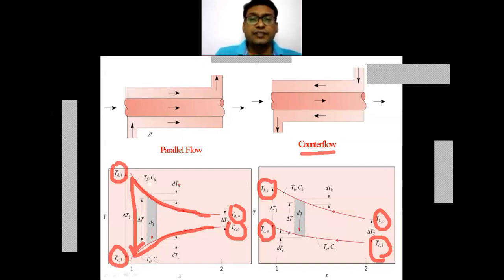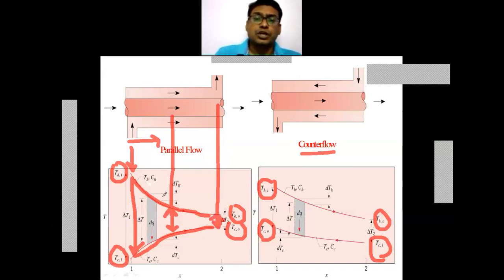As the length of pipe progresses, at the initial stage this is the maximum temperature gradient that can be observed. At the intermediate step, this is the temperature gradient that can be noted, and at the outlet it is the lowest temperature gradient that will be noted.